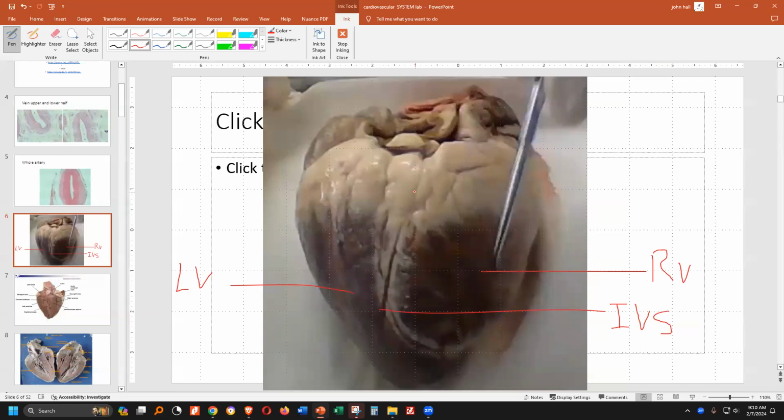So, interventricular sulcus. Up here now, we have the right atrium and the left atrium. Now on top, which is a little hard to see, you're going to have the aorta.